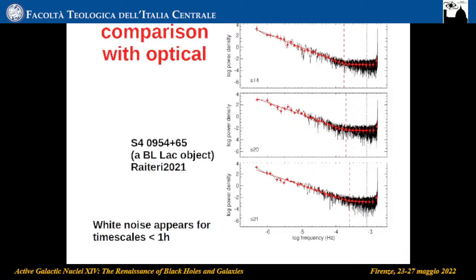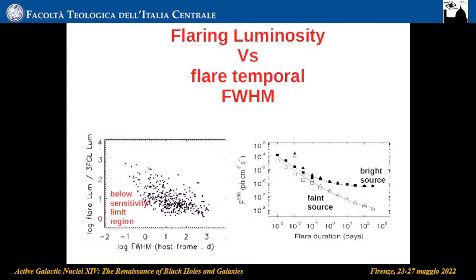And in optical, we see something similar regarding the short waiting time. These are observations with TESS, which works in optical. And you see that there is a wide component emerging for times shorter than 1 hour. The sample was defined for the waiting time, but you clearly have also the luminosity and the duration.